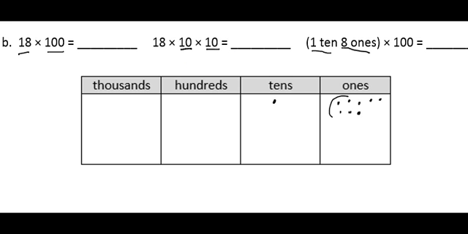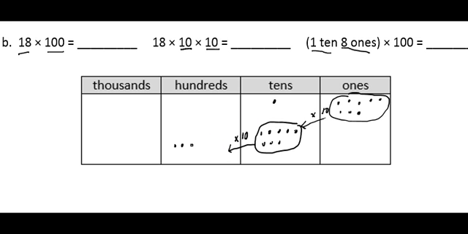So I'll take my 8 ones, multiply it by 10, so I have 8 tens, and then I'll multiply that by 10 to get 8 hundreds.